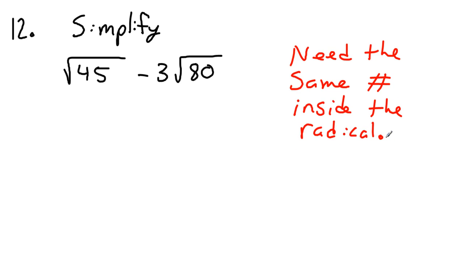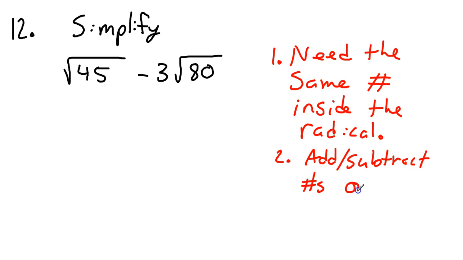Once you have the same number on the inside of the radical, then you add or subtract the numbers on the outside. Okay, so as this problem is right now, there's nothing you can do to add or subtract this one.